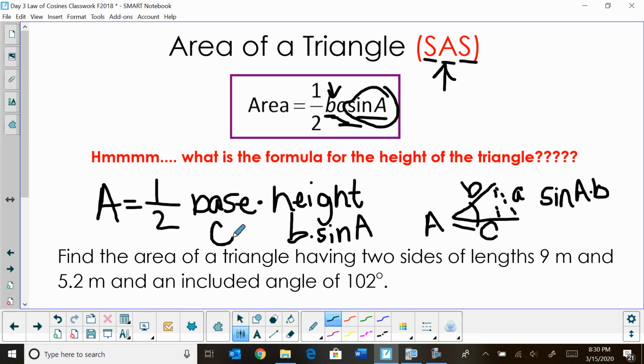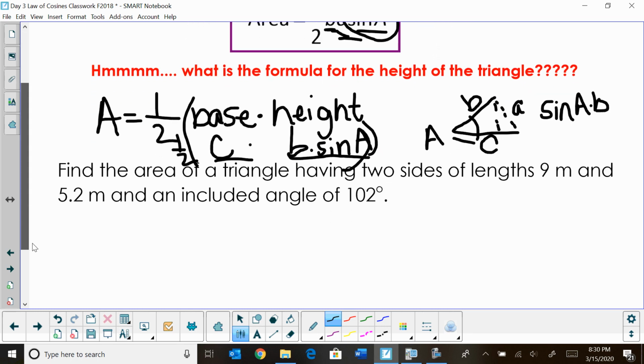So that's our base, C. And then for the area of a triangle, we just take 1/2 of that product. So you can see where this formula is derived from. 1/2 BC sine A is really just 1/2 the height times the base. Showing you where it's derived from is kind of helpful.